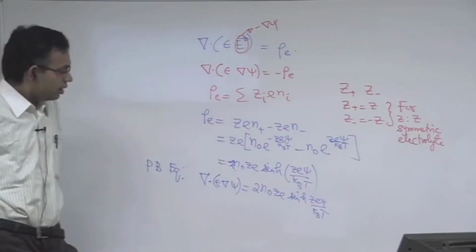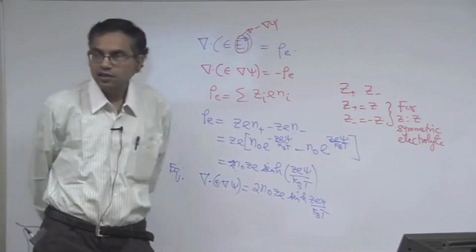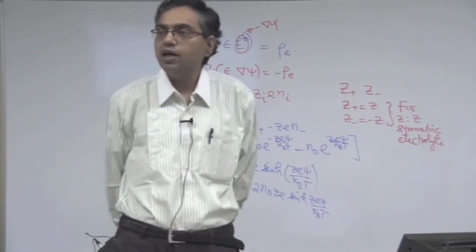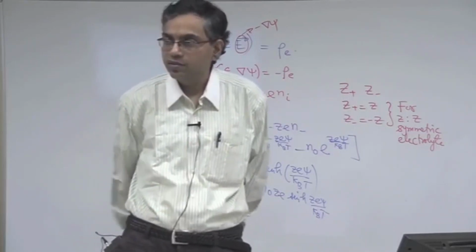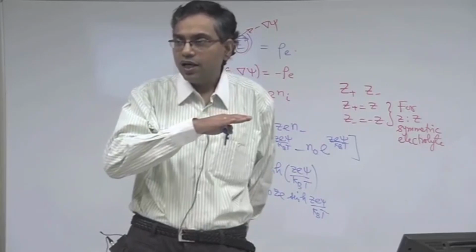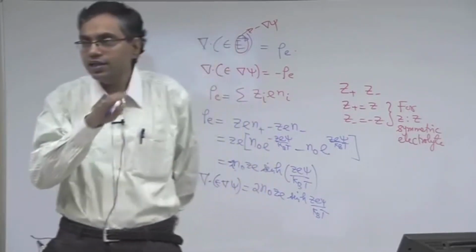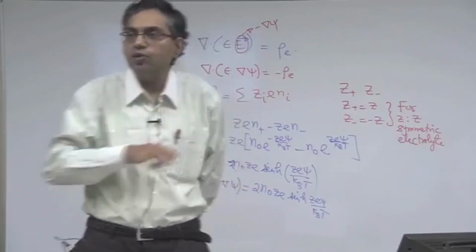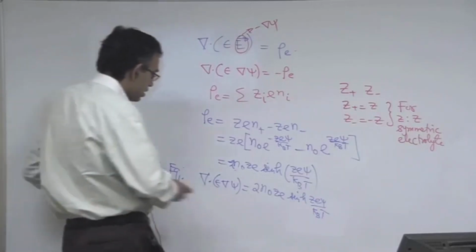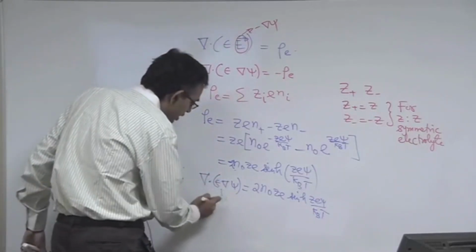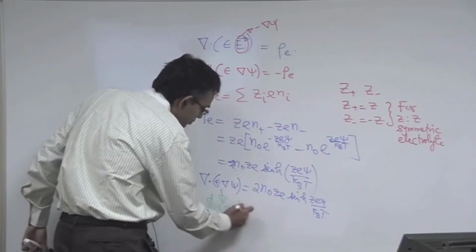Now for a one dimensional case, many times the electrical double layer phenomenon gives rise to a one dimensional potential distribution. For example, here if the perpendicular direction of the plate is y, then there is a potential distribution along y. So then this becomes basically d dy of epsilon d psi dy.